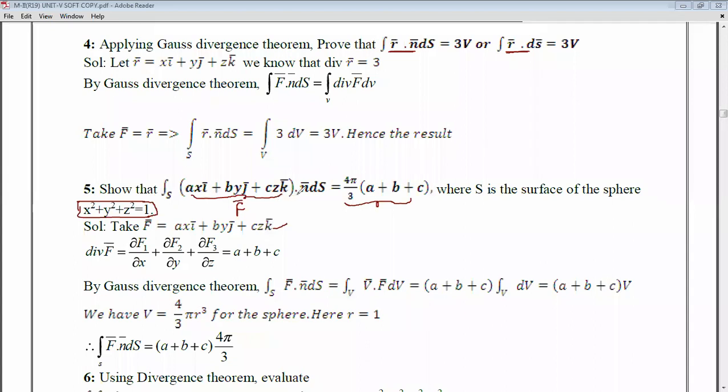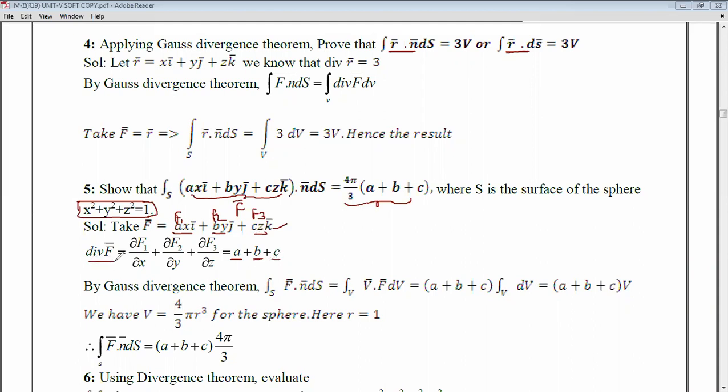They gave f bar dot n bar ds, and as per the statement it is the integral of divergence f bar dV. Divergence f bar is dou f1 by dou x plus dou f2 by dou y plus dou f3 by dou z, where ax is f1, by is f2, and cz is f3. So dou by dou x of ax is a, dou by dou y of by is b, and dou by dou z of cz is c.